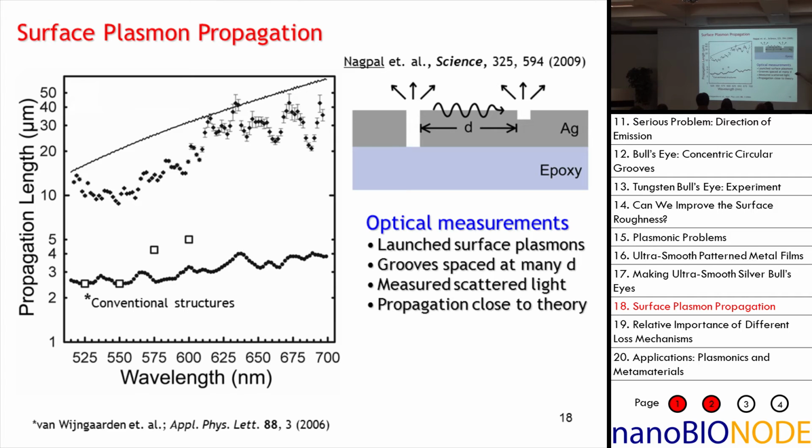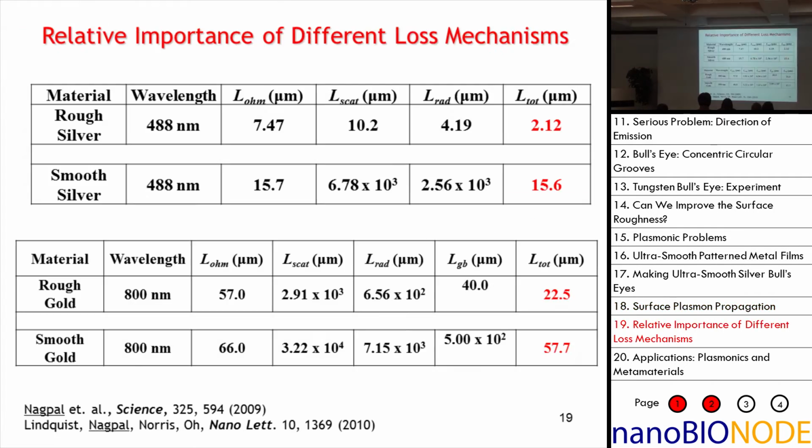In fact, when you compare it to the theoretical losses due to just ohmic losses in the metal itself, without any grain boundary or surface scattering, you can see that our measurements actually were very close to the ohmic losses that we expect in simple silver, gold, and copper metal films. So these plasmons were propagating as far as the metal would really allow them to.